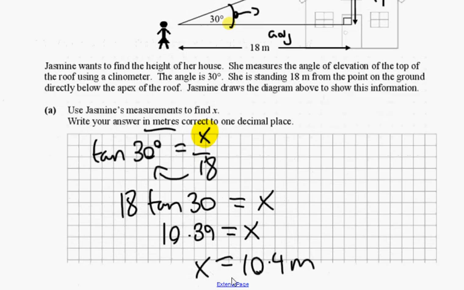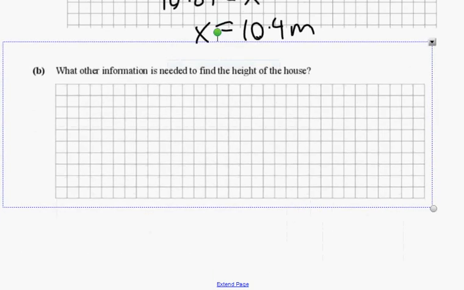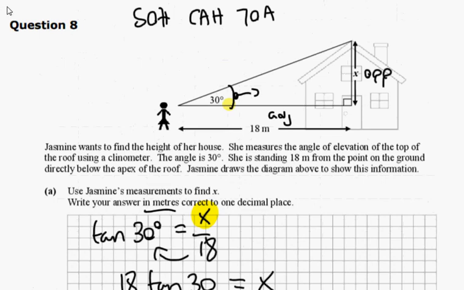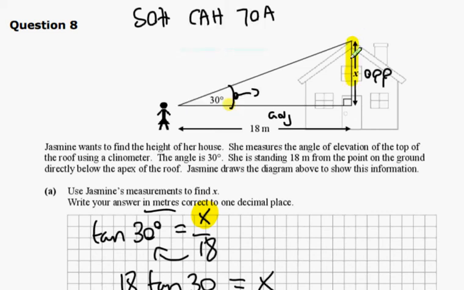So we're trying to find the height of the house, yeah? And that's where we're at the moment. Now, what height do we know? We know here to here. What are we missing out on? Here to here.